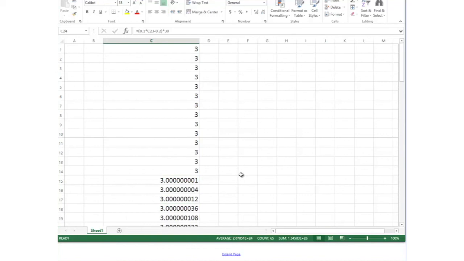Now let's analyze this by looking at what exactly we do in this iteration. We had xk plus 1 equal to 0.1 xk minus 0.2 times 30, which is the same as 3 times xk minus 6. All right, and of course x star equal to 3 is the fixed point for this iteration.